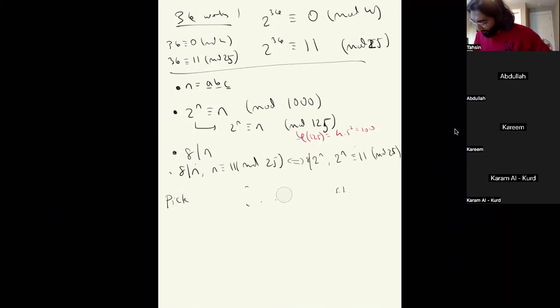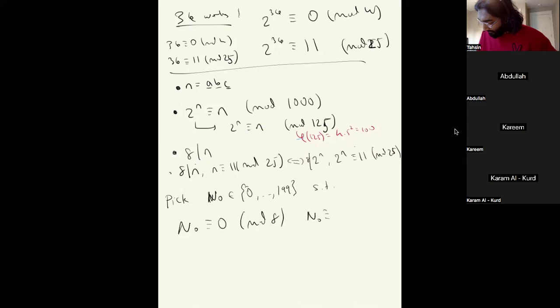What am I saying? I'm saying pick n0 in 0 all the way to 199, such that n0 is congruent to 0 mod 8, and n0 is congruent to 11 mod 25.